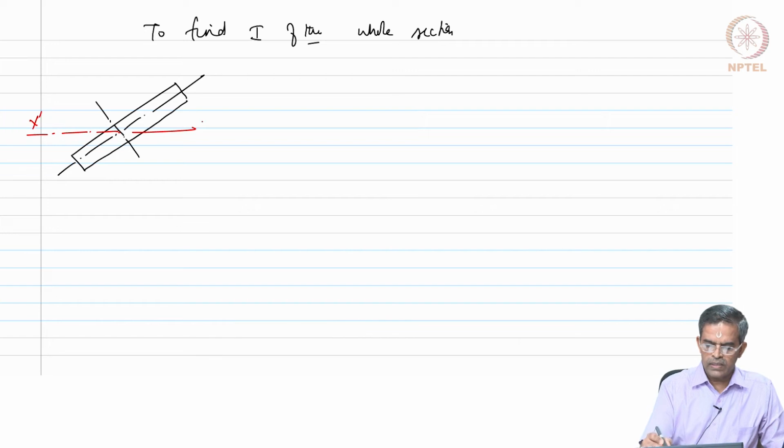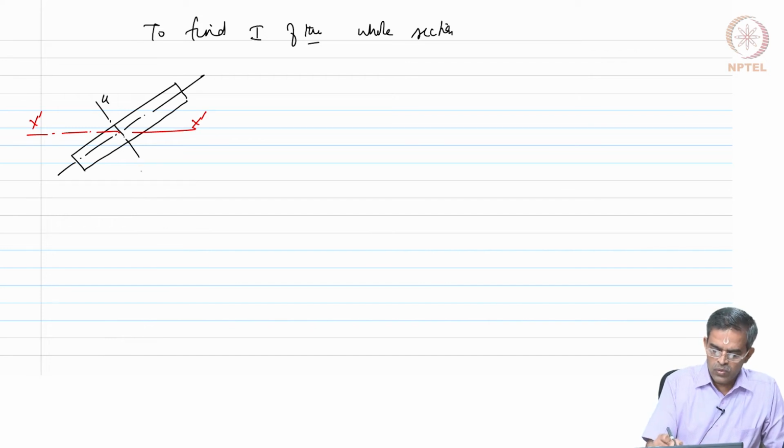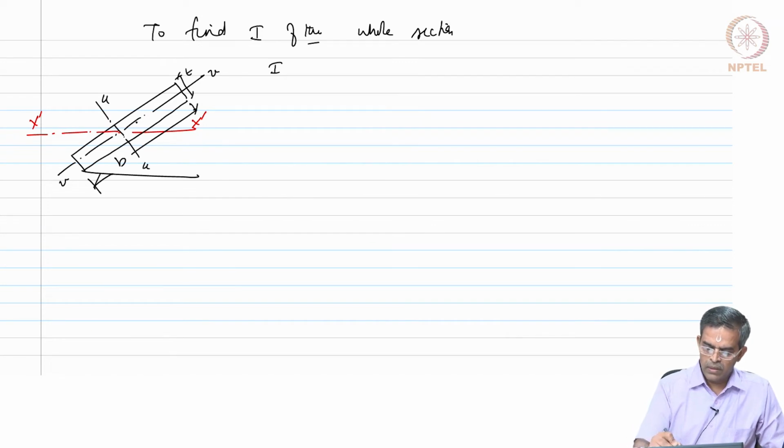or x dash, and we call this small axis as UU and VV. We know, and this dimension is of course B, and this thickness is T, this angle is 45 degrees. Okay.